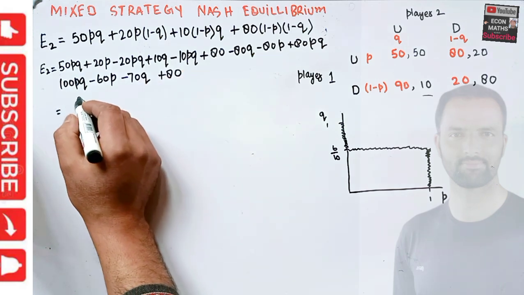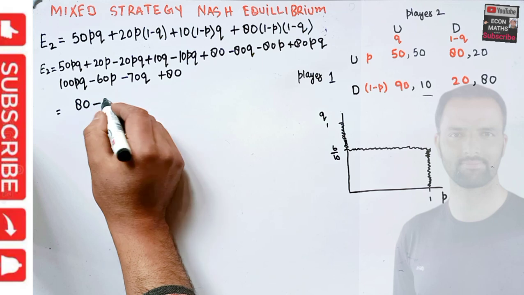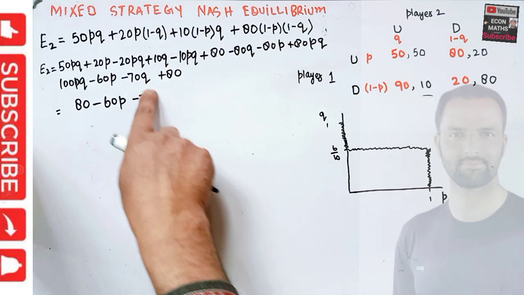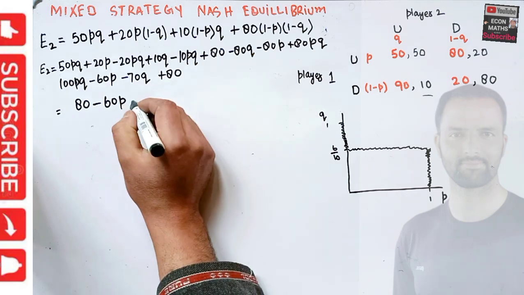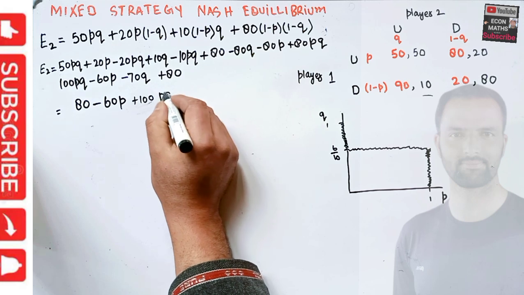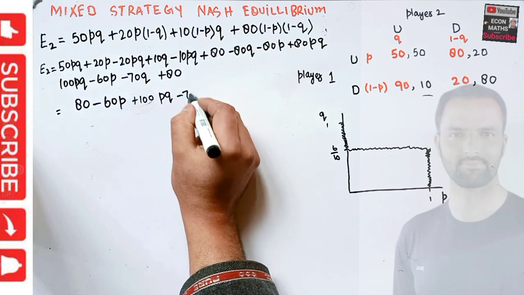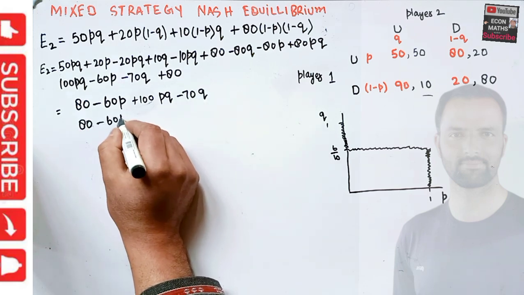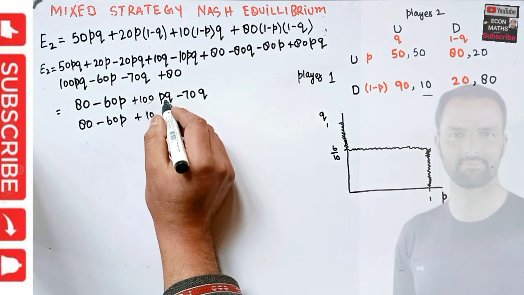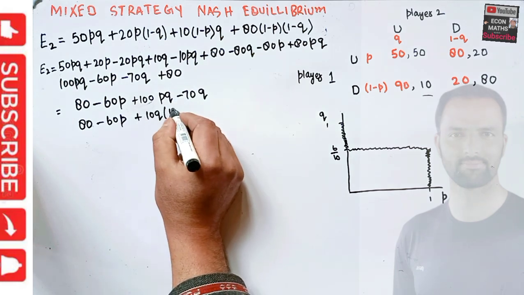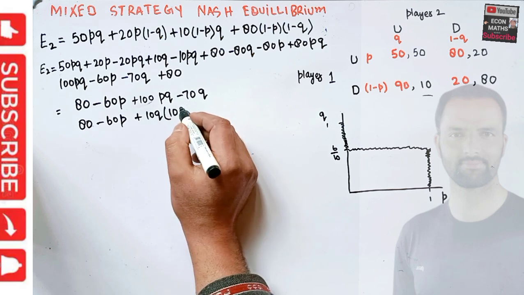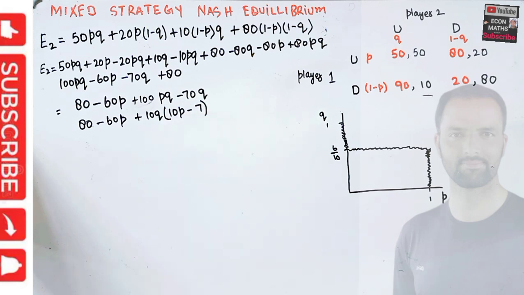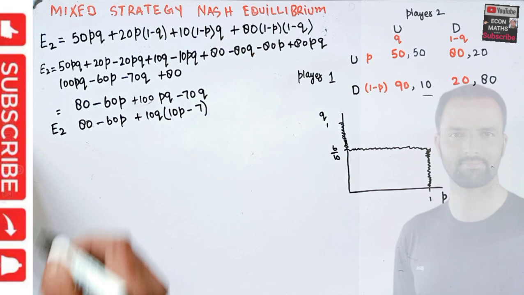Now we can write it like this: 80 minus 60P plus 100 PQ minus 70Q, or taking 10Q common, we are left with 10P minus 7. Now this is the expected payoff for player 2.